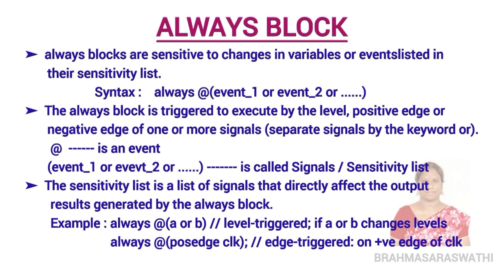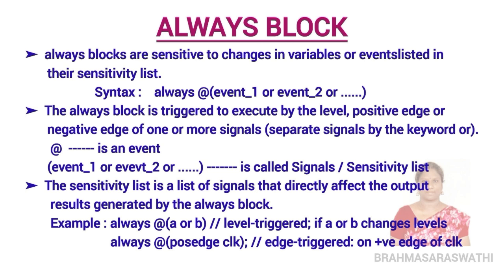And these event 1, event 2 are separated by the or keyword. You observe the @ symbol. This @ symbol is called an event, and the event 1 or event 2 or so on, this total list is called a sensitivity list, and event 1, event 2 are called signals. These signals are separated by the keyword or.